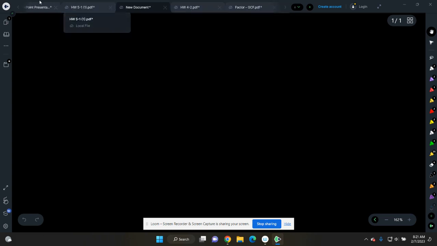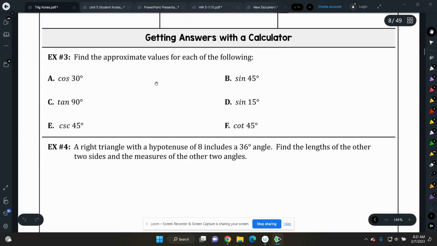So let's look at the packet of notes that I gave you earlier. It is trig notes.